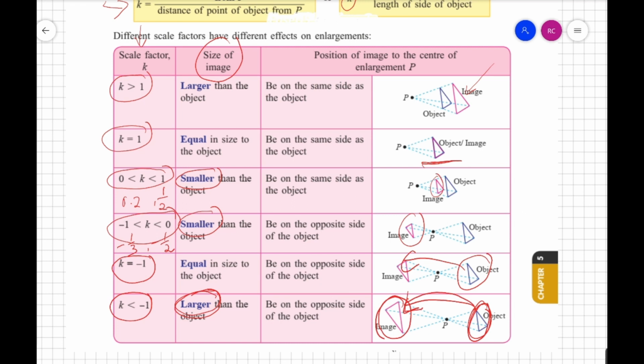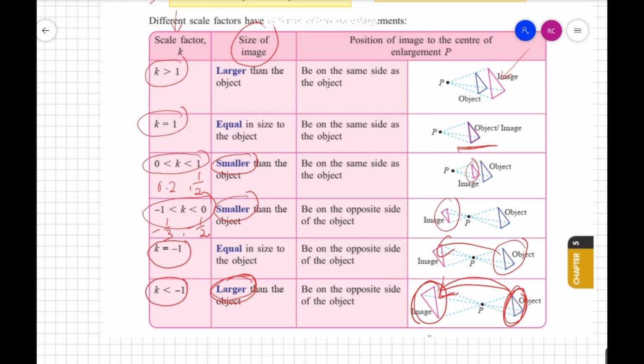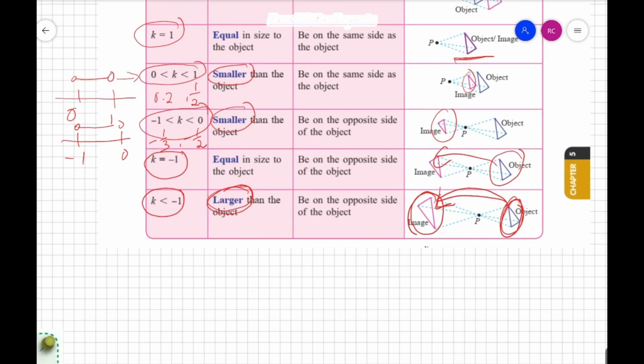So how do we memorize all of this? It seems a bit difficult, right? No problem, I will let you know. For example, when K is in between 0 and 1, this is the range. For this one, the range is in between 0 and -1, so the range is also here. When I combine everything, you are going to see the difference easily.